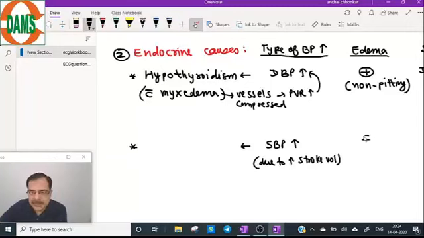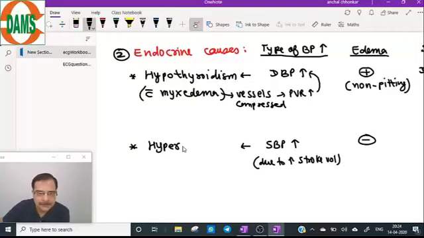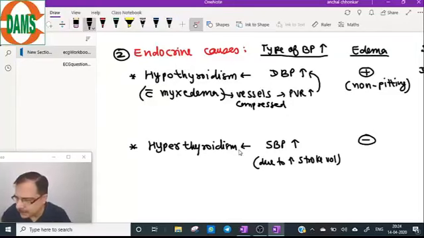Edema is characteristically absent. So it is a predominant elevation of the systolic BP due to increase in stroke volume, that is increase in the cardiac output. This condition is hyperthyroidism.